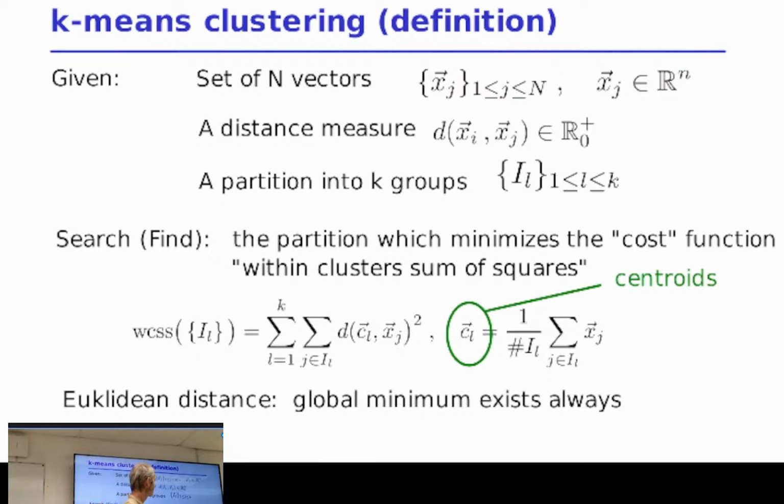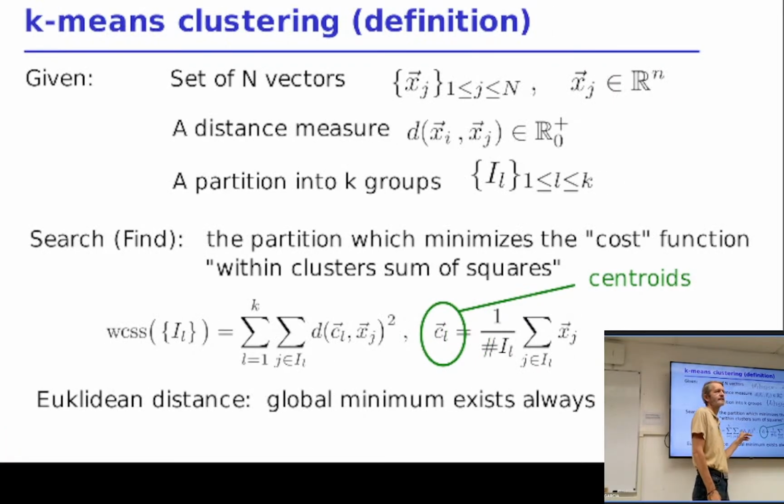So what you really do is for each group, you calculate an average vector. So if you have many vectors and you calculate this average, this vector will be like the center of mass of these points, right? And then you calculate the distance between each of the vectors of the group and its centroid for all groups.